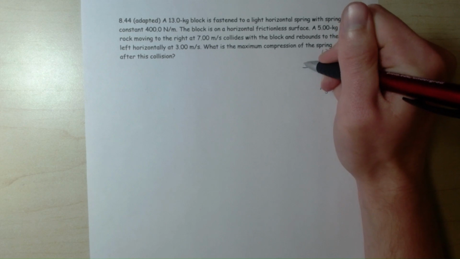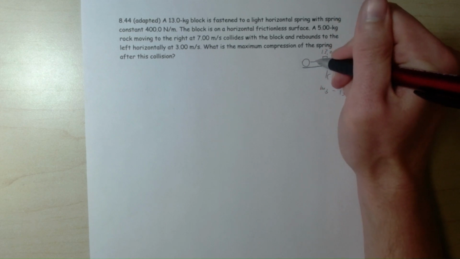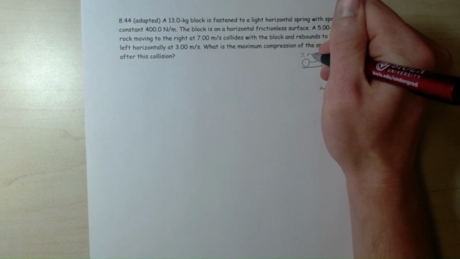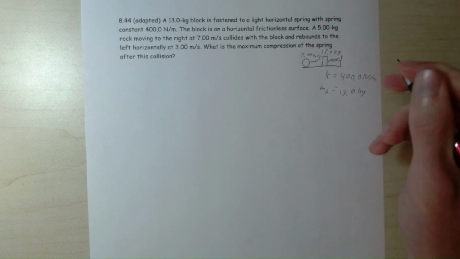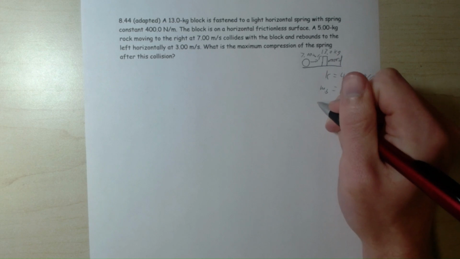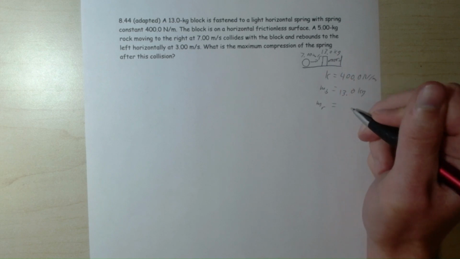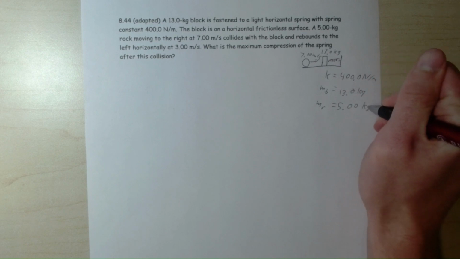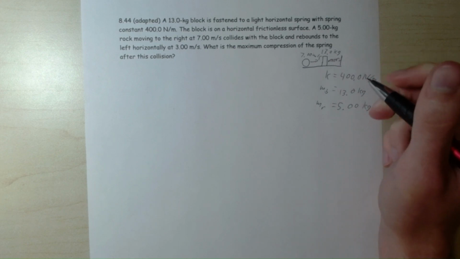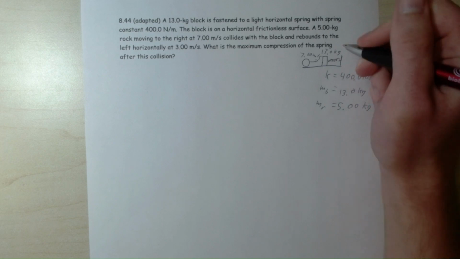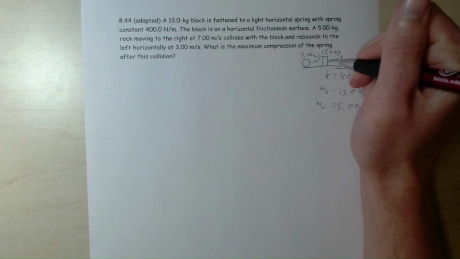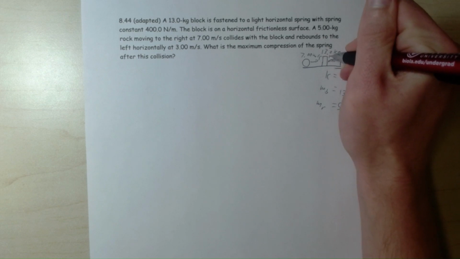Then we have our rock moving towards this at 7 meters per second, and the mass of our rock, which I'm going to denote MR, equals 5.00 kilograms. So it wants to know the maximum compression of the spring. If this is my positive x direction, then it wants to know this horizontal distance x.